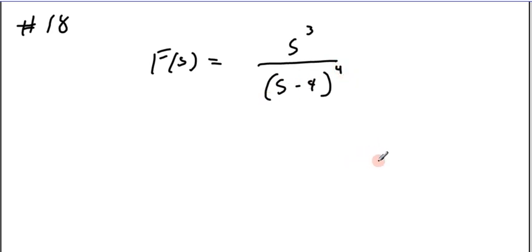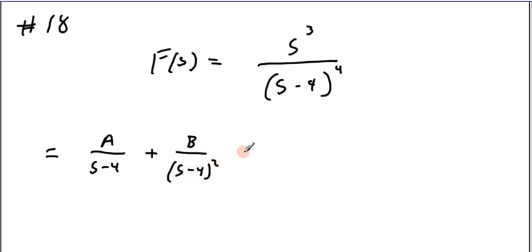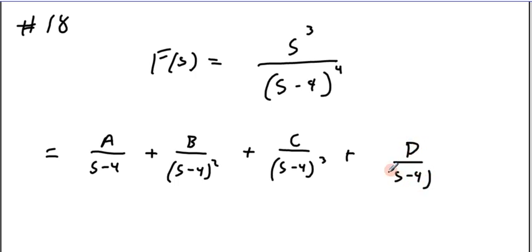Oh, that doesn't look good. Okay, so we're going to have A over (s-4) plus B over (s-4) squared plus C over (s-4) cubed plus D over (s-4) to the 4th.